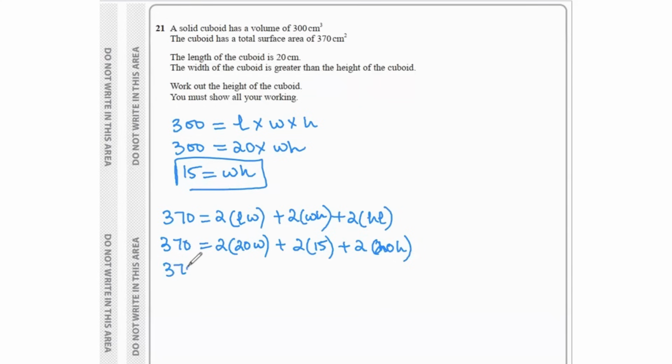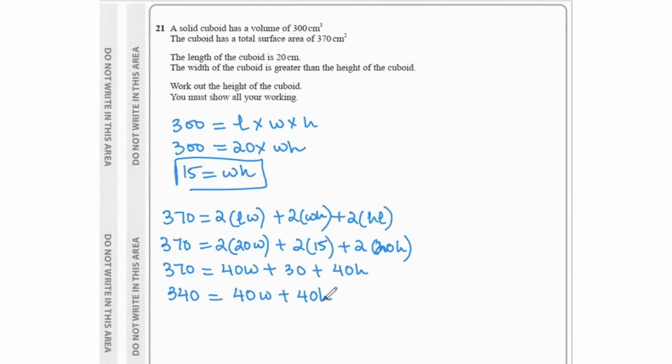So that's 370 equals 40w plus 30 plus 40h. 370 minus 30, 340 equals 40w plus 40h.